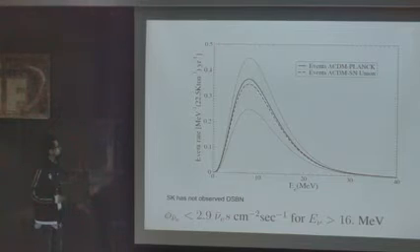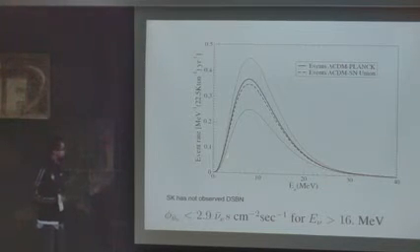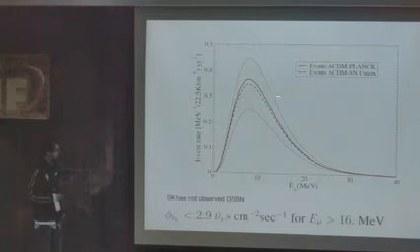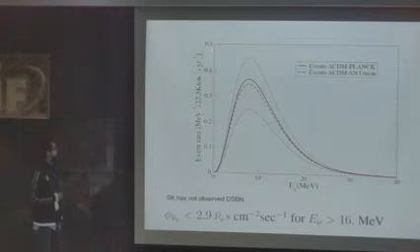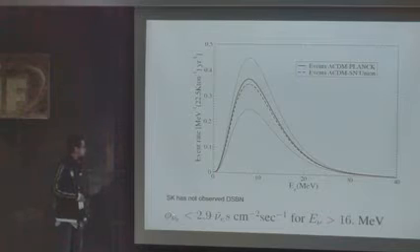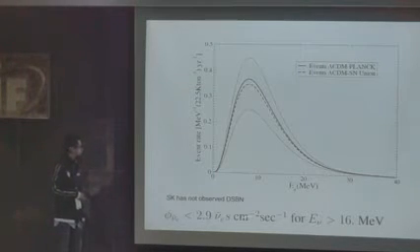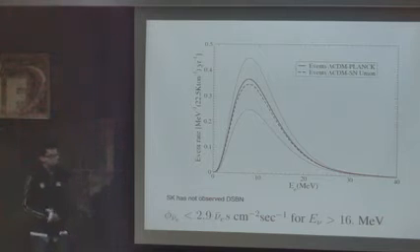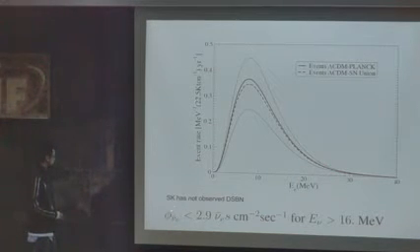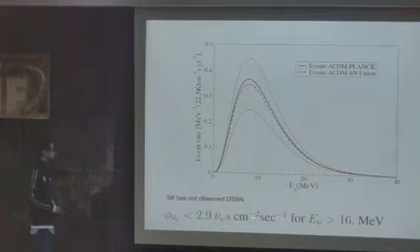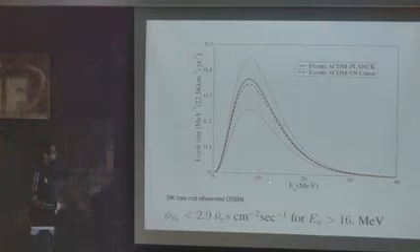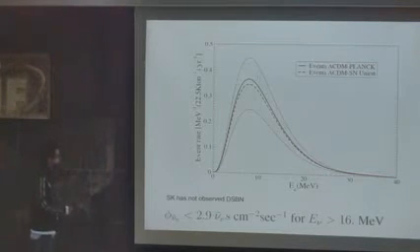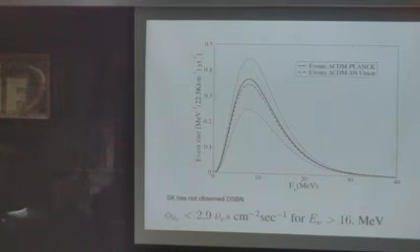And actually, for an experiment like Super Kamiokande doped with gadolinium, this is the number of events that we are expecting per year, which is not very far from the limit imposed by Super Kamiokande, because currently Super Kamiokande has looked for this diffuse supernova neutrino flux, and it has a limit that should be lower than 2.9 neutrinos per second per centimeter square, for an energy cut of 16 MeV, because Super Kamiokande is sensitive to high energy neutrinos.